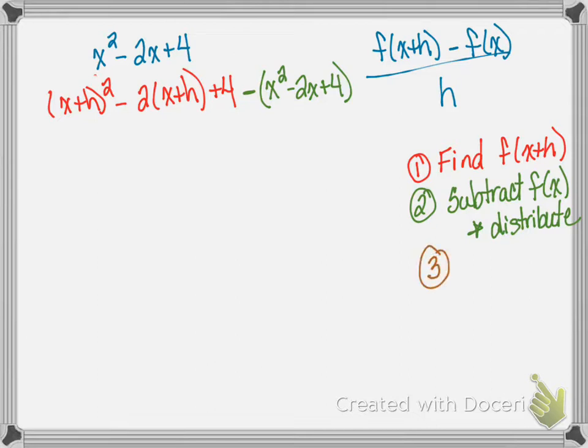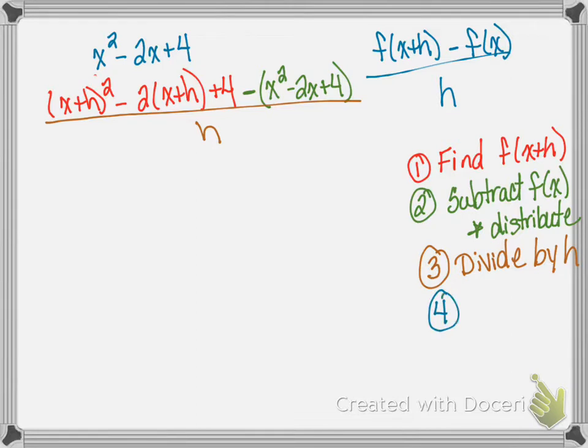Now, my third step is to divide everything by h. And now I'm going to simplify, but I'm going to keep some of my colors going. So the first thing that I've got to do is x plus h squared.